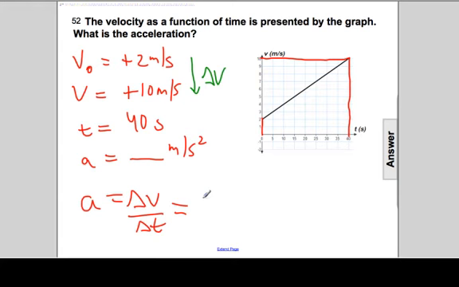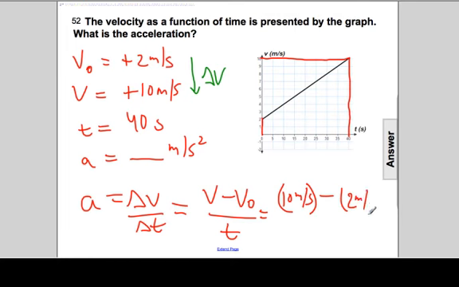So we can say delta v is v minus v naught divided by t. Now I'm going to sub in the numbers because I'm running out of room. The final speed was 10 meters per second minus the initial speed of 2 meters per second divided by a total of 40 seconds.